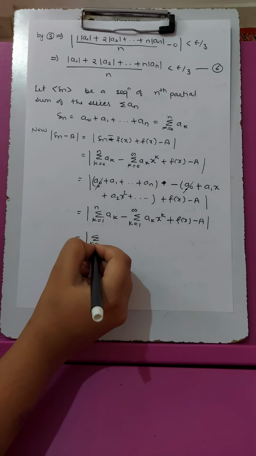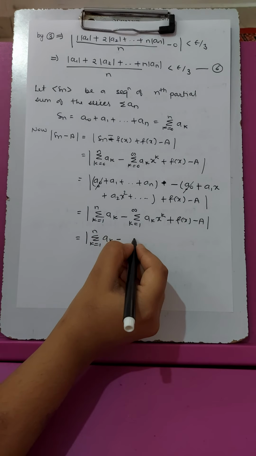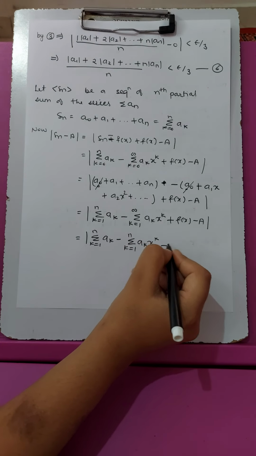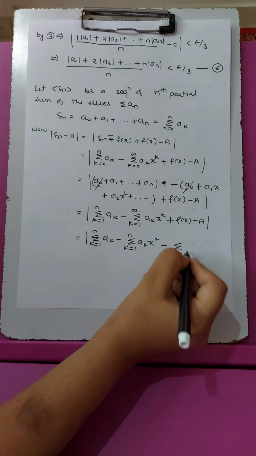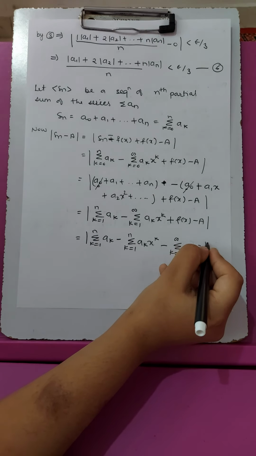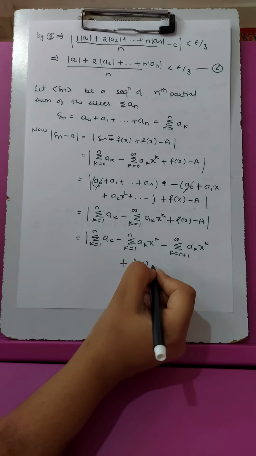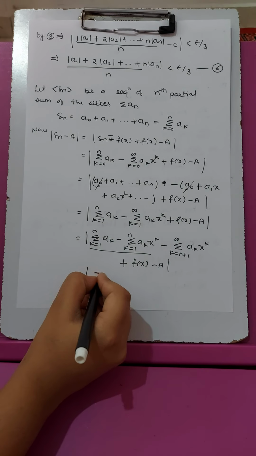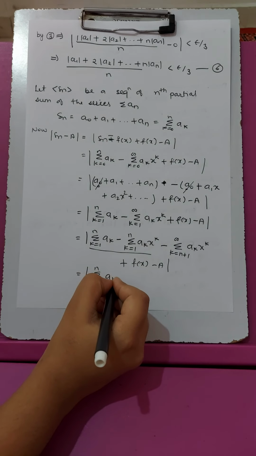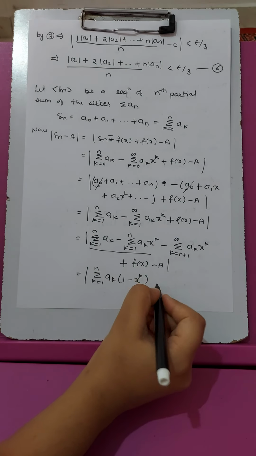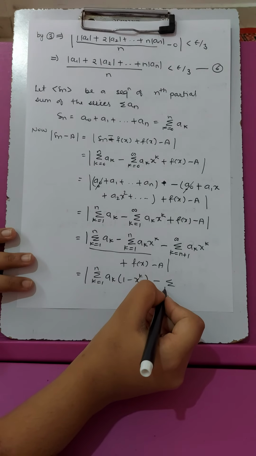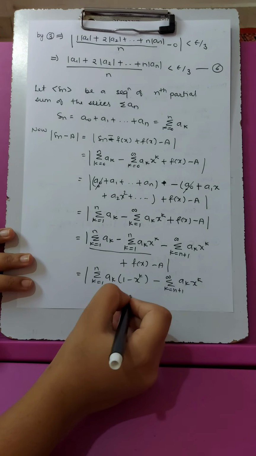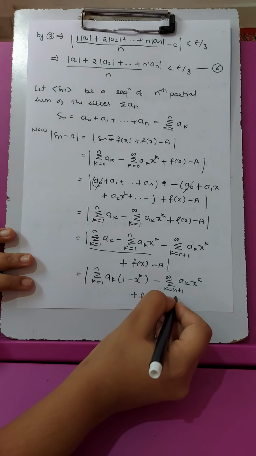So here we have summation k from 1 to n ak minus summation k from 1 to n ak x to the power k minus summation k from n plus 1 to infinity ak x to the power k plus f of x minus a.